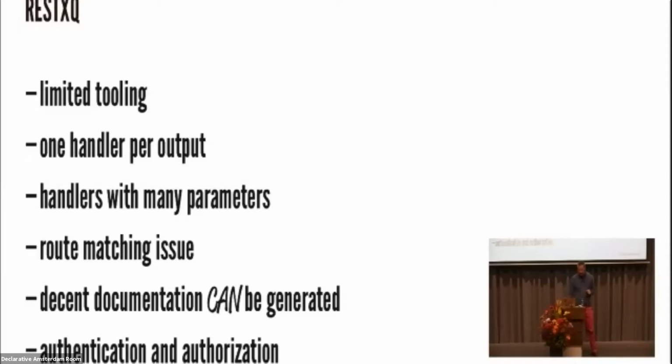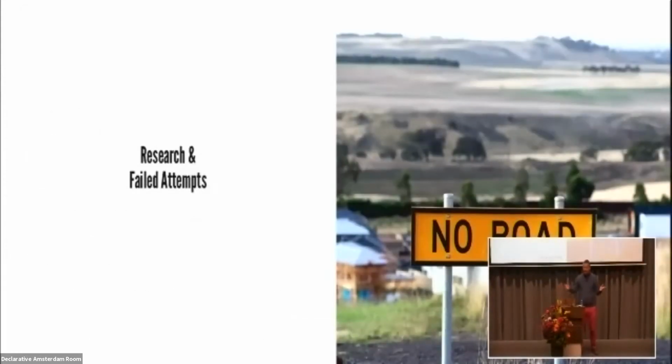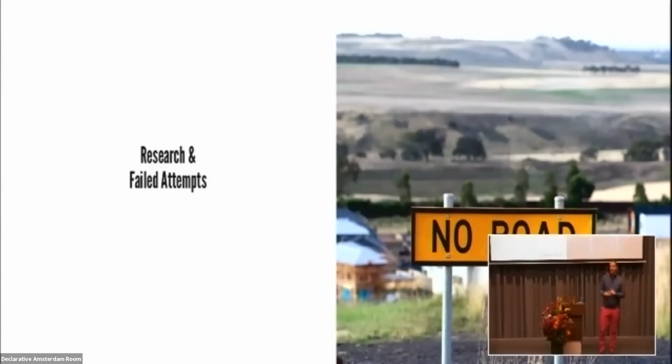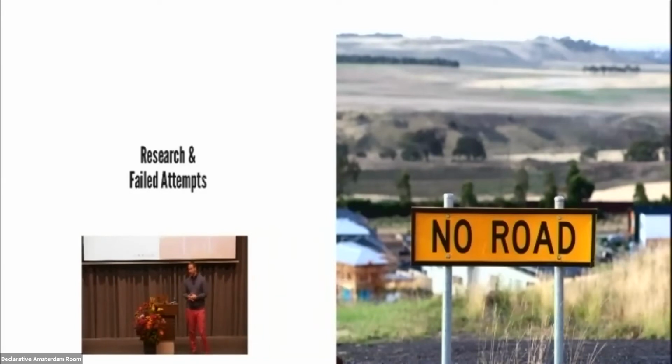And also here, authentication and authorization is left to the implementer as an exercise, which is okay, but also I know from experience that many people will get it wrong. So I was at a point where I thought, okay, I have to implement something, and there's really no good way to get there, and started researching.